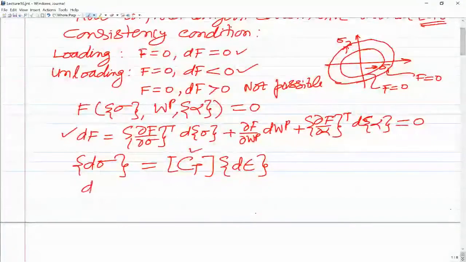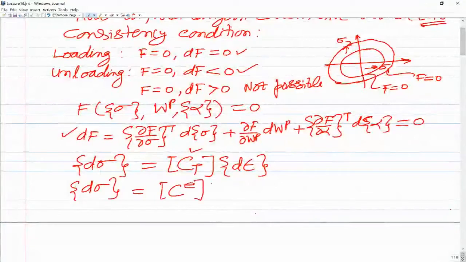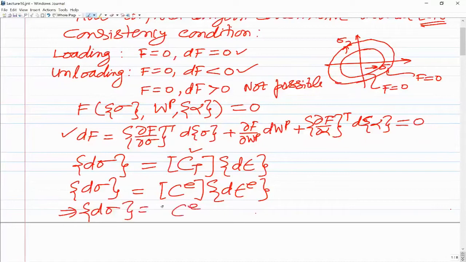But what we know is that d sigma can be written as Ce, the elastic constitutive matrix, into d epsilon E, and d epsilon E can be written in terms of total strain increment. So that can be written as Ce into d epsilon minus d epsilon P, the plastic strain. If we find the expression for the plastic strain in terms of d epsilon, then we will get our tangent constitutive matrix CT.